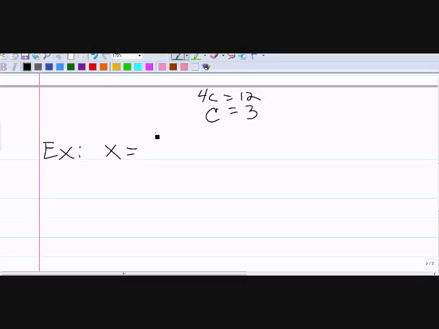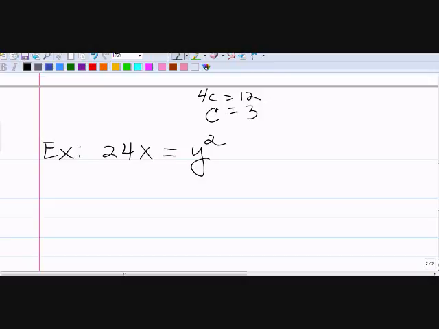No, I'm going to make this a little bit harder. 24x equals y squared. Same thing, but a little bit harder form.